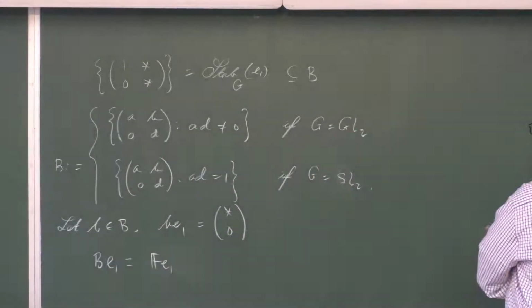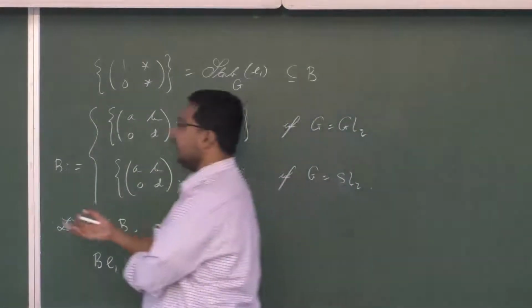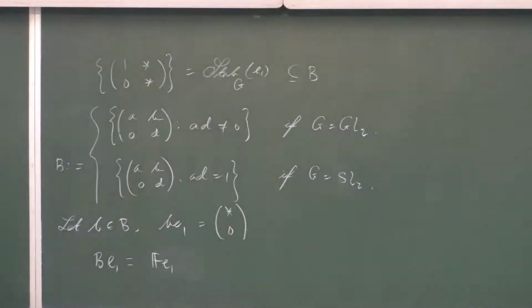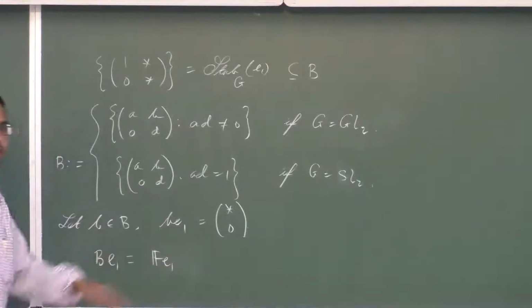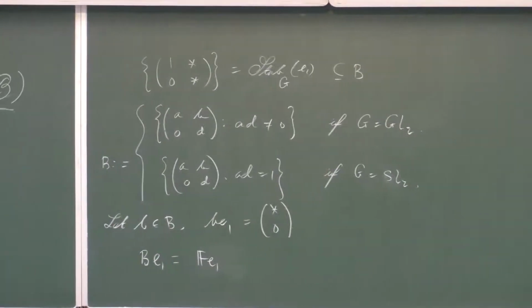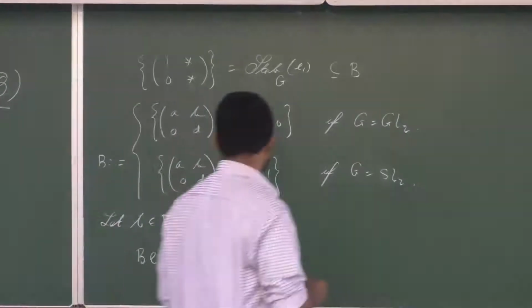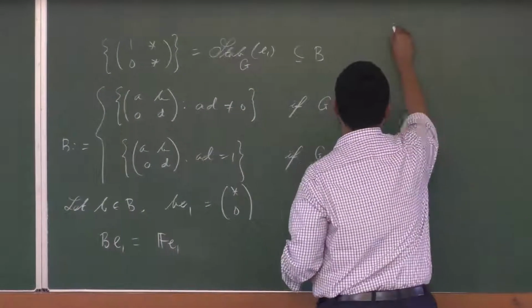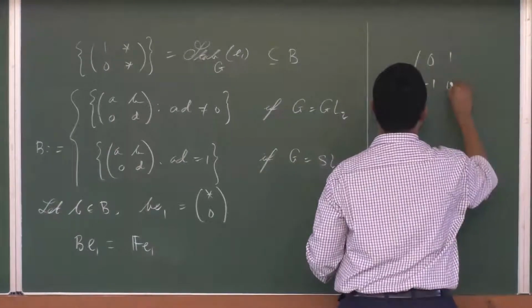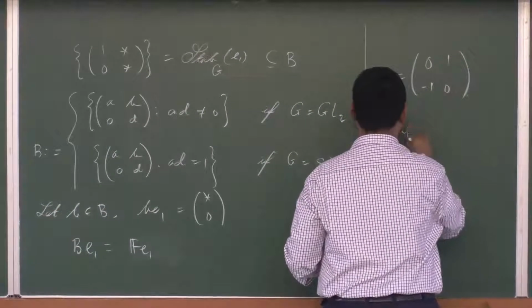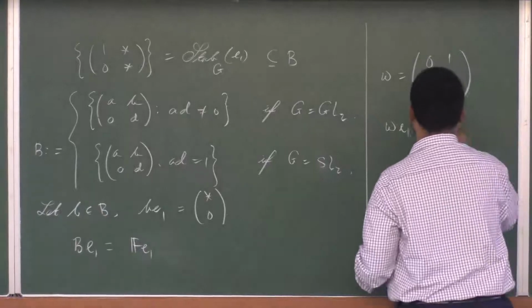Okay. Now in order to see whether we can have some sort of similar description for the points which have, say, a non-zero second component, let's observe that if we consider this matrix W = (0, -1; 1, 0), then W e_1 is nothing but (0, -1).